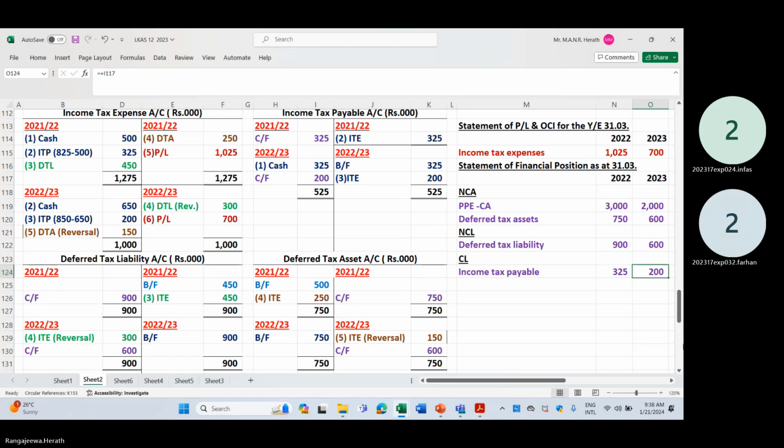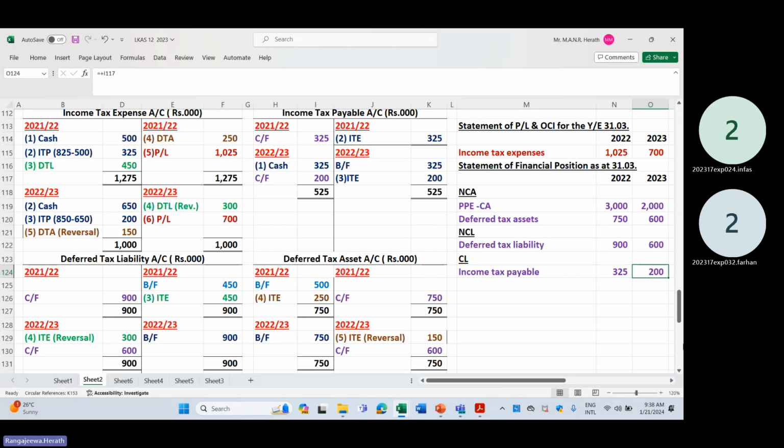Right. So now we know how to account for deferred tax asset and liability creation and reversal, and how to calculate the deferred tax asset and liability based on carrying amount and the tax base. But even in this activity, carrying amount and tax base were given to you.